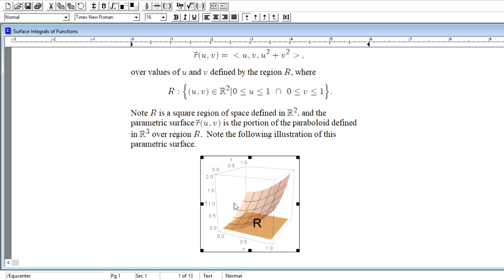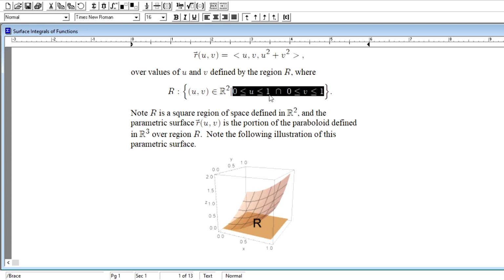It is this surface that forms where your location for x is going to be given by u, your location for y is going to be given by v, where u and v are just values both between 0 and 1, and the intersection of u between 0 and 1 with v between 0 and 1 defines the square region in 2-dimensional space, where the actual height of the surface is determined by u squared plus v squared, which defines this parabolic shape.